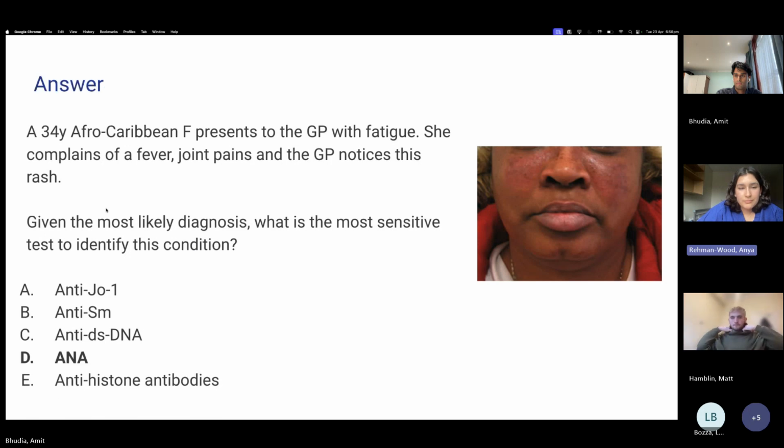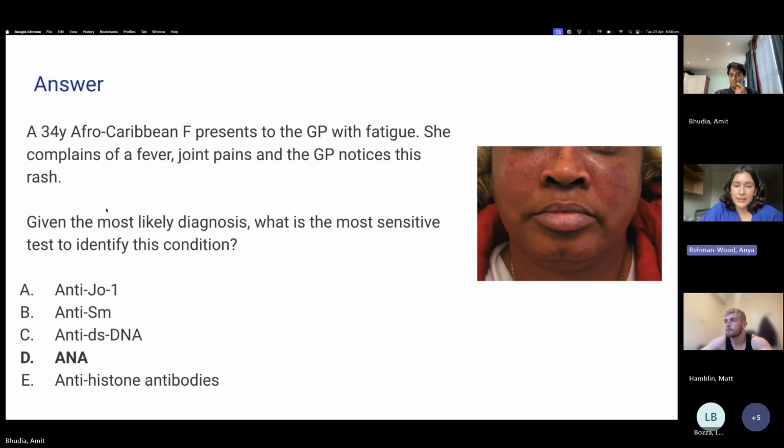Okay, should we have the answer? So it's D, anti-nuclear antibodies. So the stem is describing SLE, and this is quite a classic presentation of lupus described here. And the picture is of the malar rash.